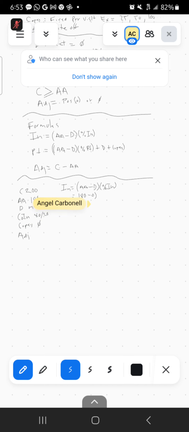So minus 0, that inside of parentheses. Then you're going to multiply it by the percentage for the insurance. The percentage is the co-insurance, so you go to 80/20. So the insurance pays 80%. Make sure you put 80%. Then you have 180 minus 0 is 180, so it's the same here. And then you're going to multiply by 80%.